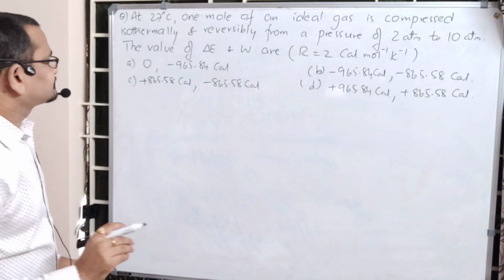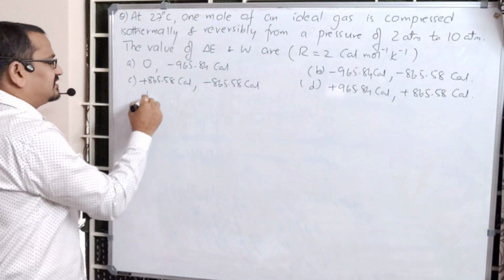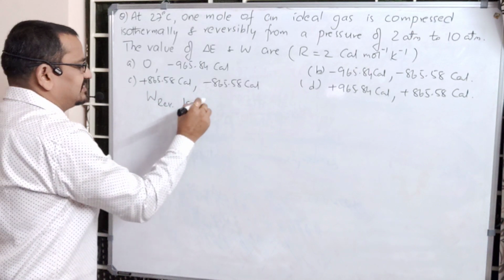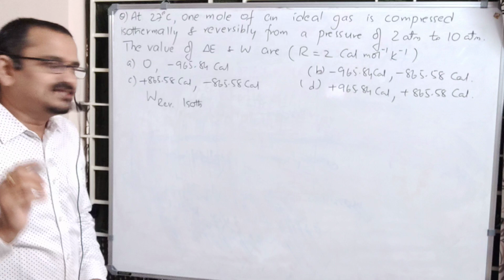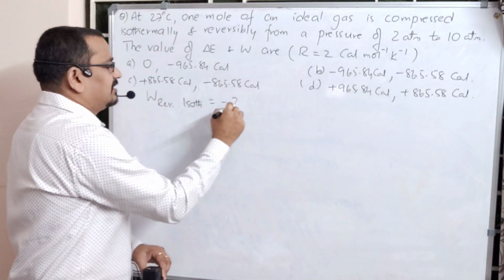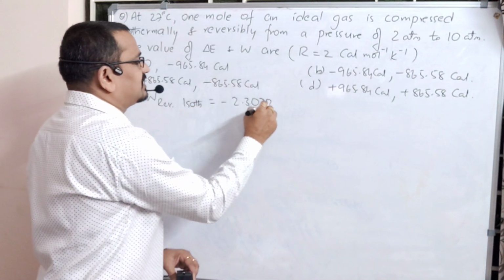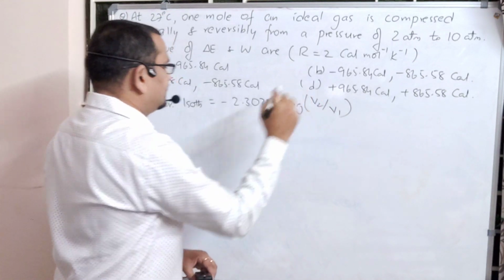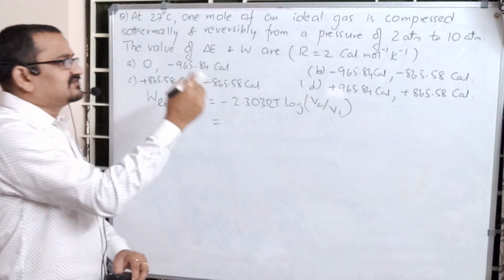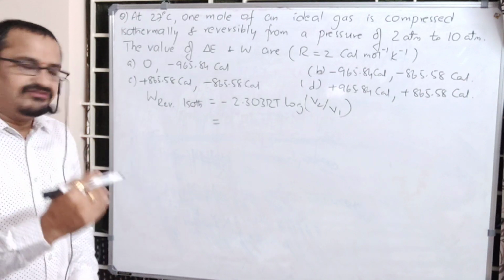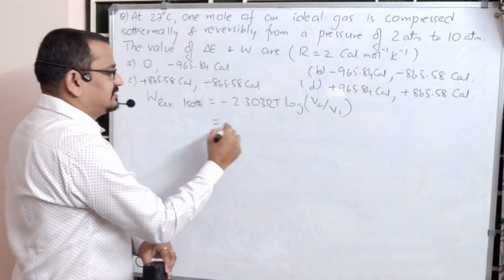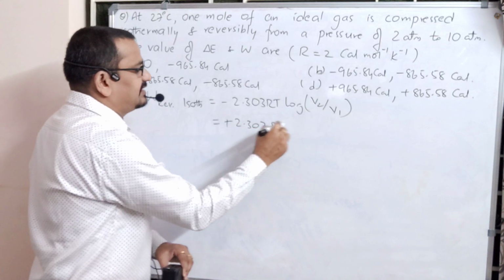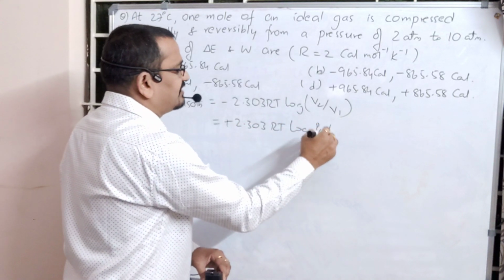Here, see, work done in a reversible isothermal process can be given as minus 2.303 RT log V2 by V1. But as the volume change is not specified, it can be given as plus 2.303 RT log P2 by P1.